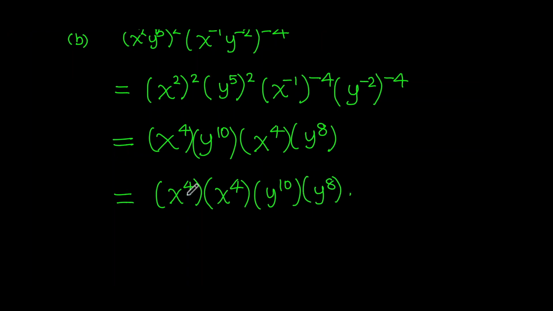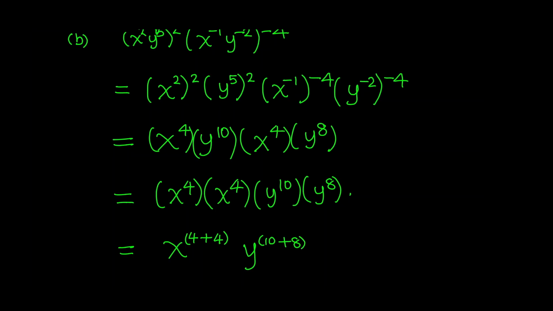When we are multiplying, then we add the indices. Therefore, we have here x, 4 plus 4 is 8. We need to show it here that we are adding 4 plus 4 since we are multiplying. Then we will have y, the same base. We also add the indices. So we have 10 plus 8.